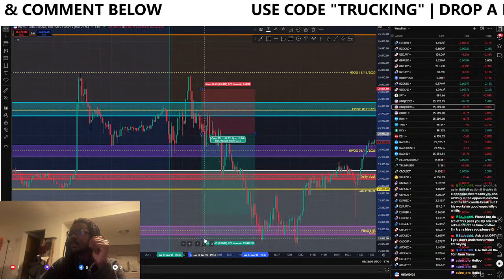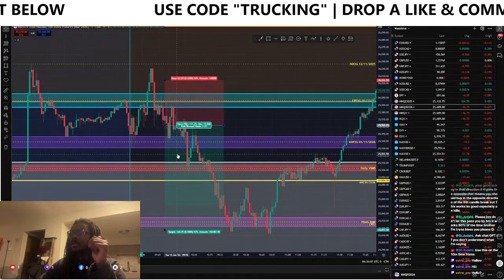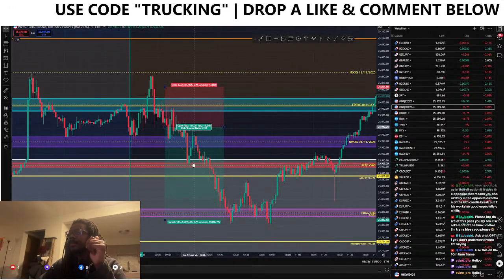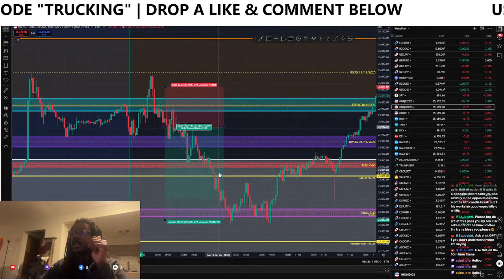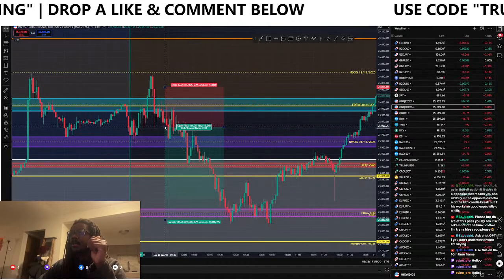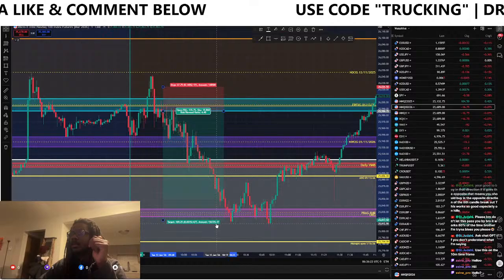You can still go for a 2 to 1, even if you get in late, right? So this is a good 2 to 1 opportunity right here. But you're probably not going to catch the whole move. So either you get in late, and then maybe you try to hold for as long as you can. But even if you do get a really good entry, you probably still won't hold for the entire move.